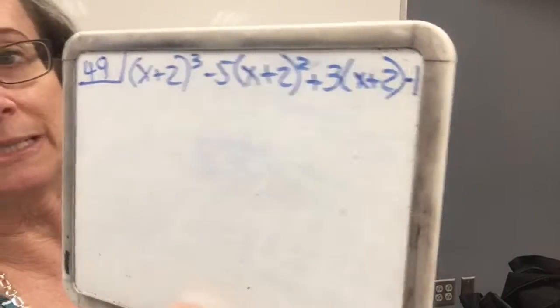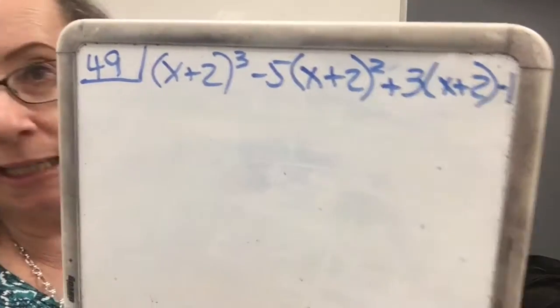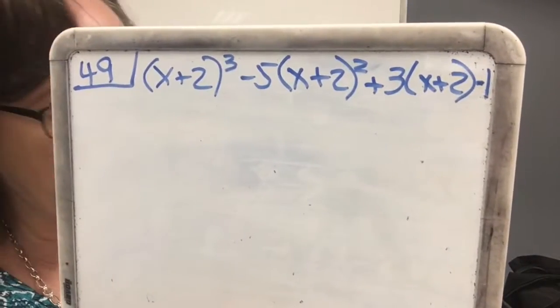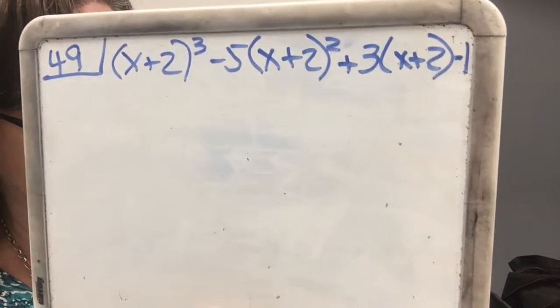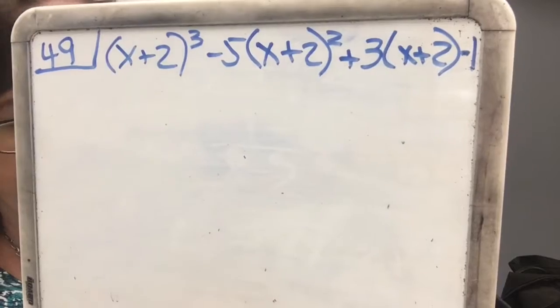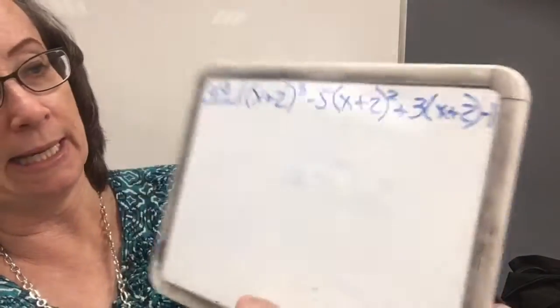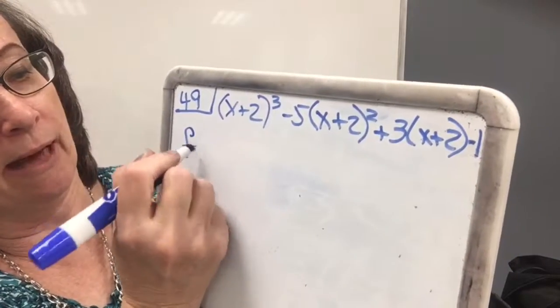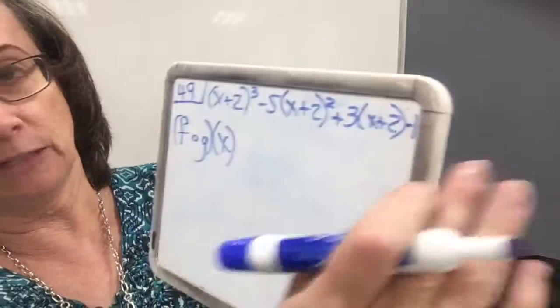All right, so now we are decomposing number 49. And if you look at number 49, it kind of pops out at you that there's an x plus 2, an x plus 2, an x plus 2 in each parenthesis. Okay, so this decomposition is pretty easy. We're going to do f composite g is supposed to equal this function.